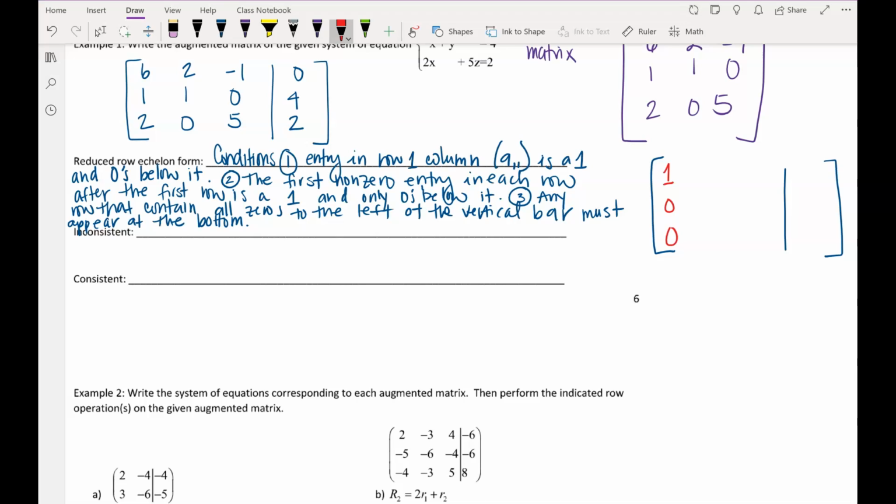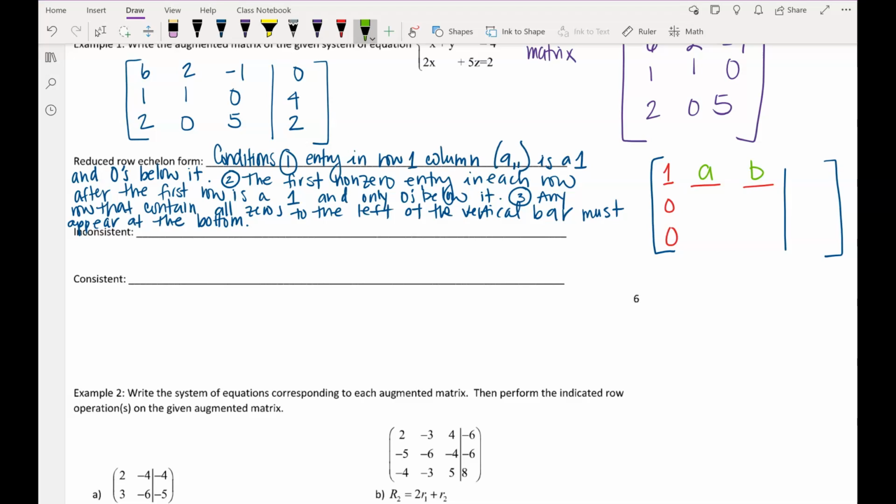Then if I were to do 3 columns, these 2 spots right here can be anything they want to be. So you don't have to have a 0, you don't have to have a 1, you can have any number you want, okay? So let's call it A and B.